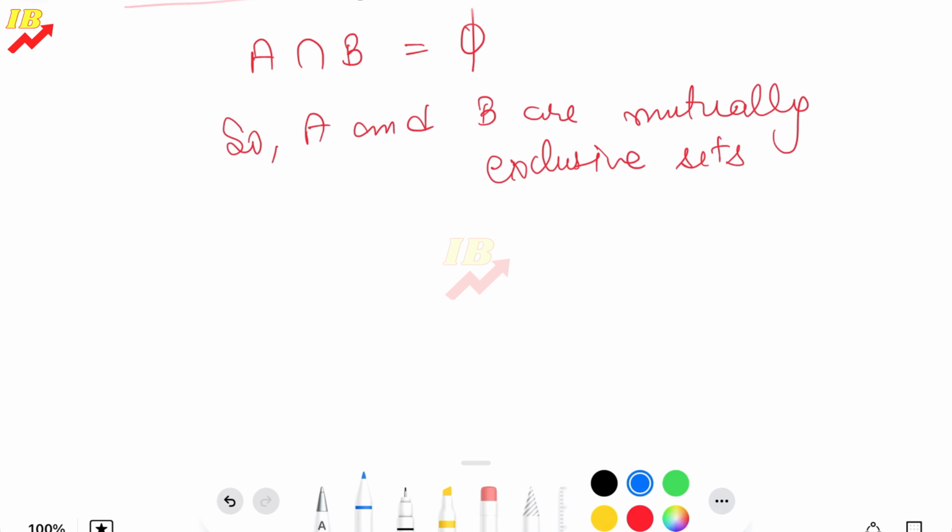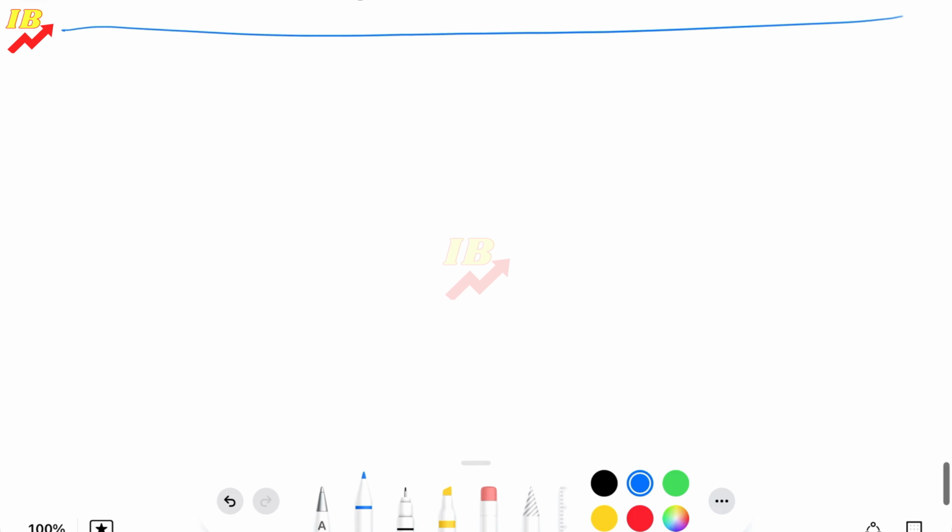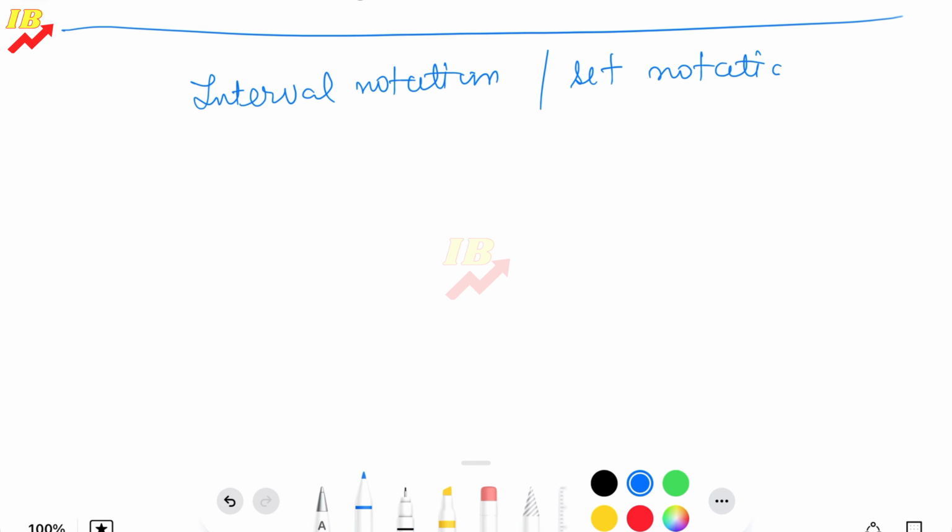Now comes a very interesting topic, that is interval notation, or we call it set notation. This is very interesting as this is used for set builder notation: how we write the set, how we denote all the things.